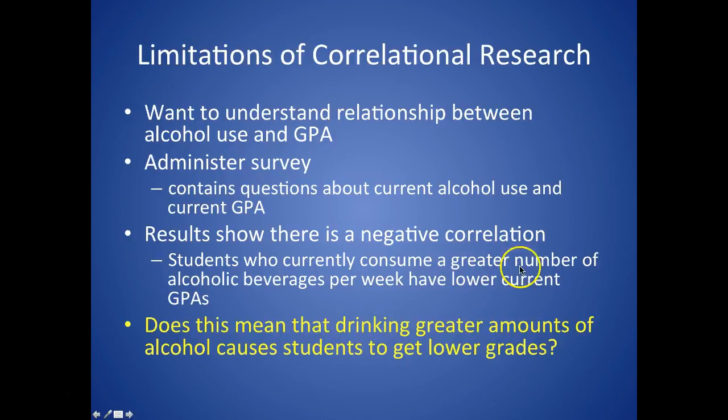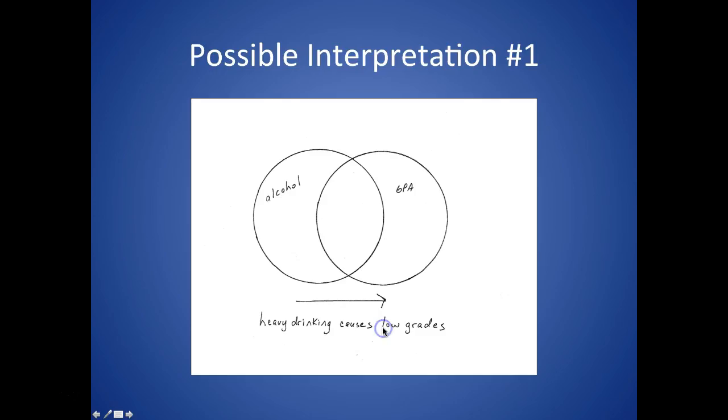Students who consume greater number of alcoholic beverages per week have lower GPAs. Does that mean that drinking greater amounts of alcohol causes students to get lower grades? Turns out you can't draw that conclusion. So here are some possible interpretations given that correlation.